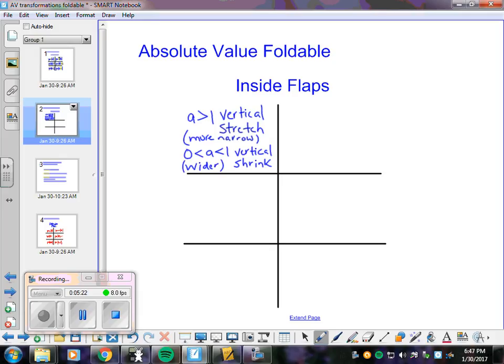So greater than 1 is a vertical stretch, and in between 0 and 1 is a vertical shrink. More narrow and wider. So that's in the top inside flap. It's inside the flap, actually in the lines we drew, so you're writing it directly in that line.